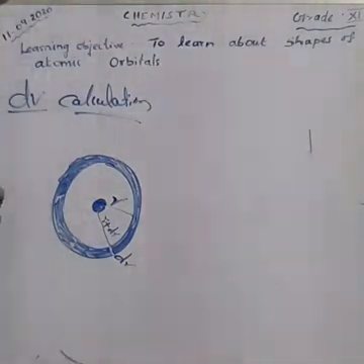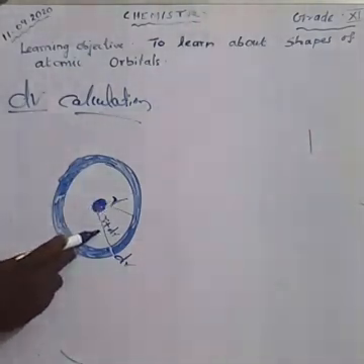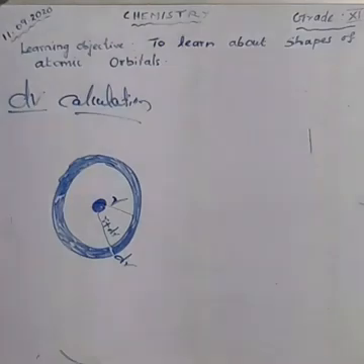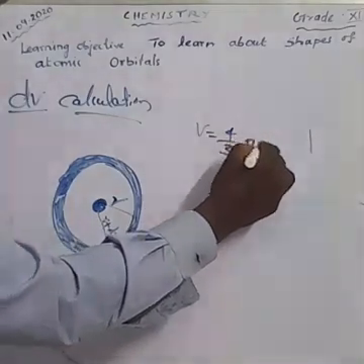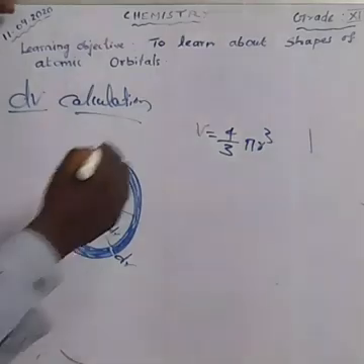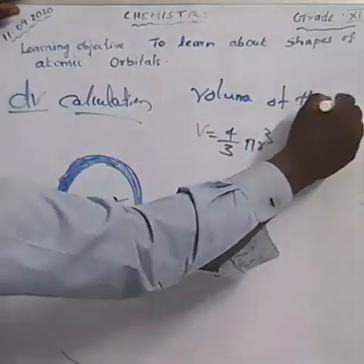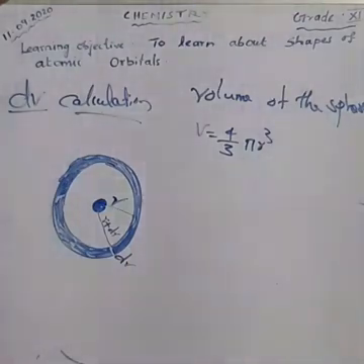It is bounded by two spheres: one of radius r, and another of radius r plus dr. All of you know the formula for the volume of a sphere: volume V is equal to 4 by 3 pi r cube.